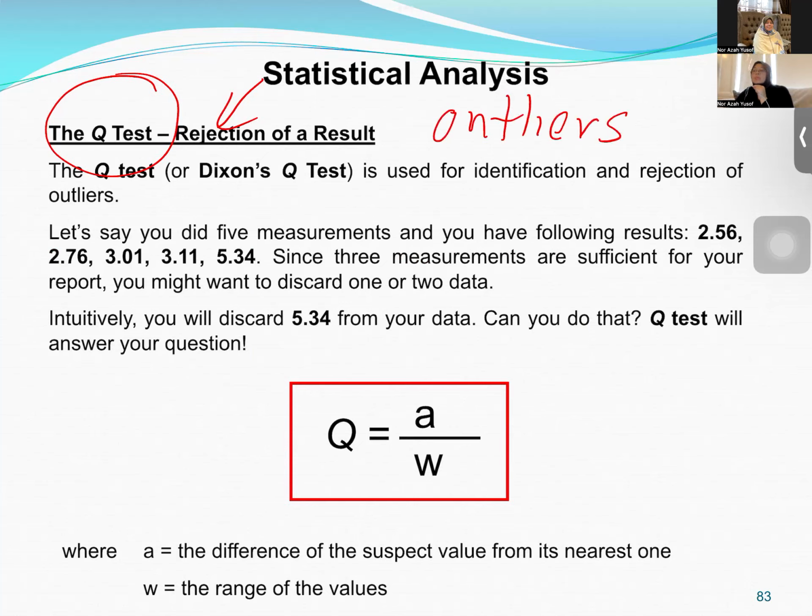So that data outliers. I hope that you can see my writing. Outliers. So how do we evaluate outliers? Why is it important that we need to consider? Even if we look at the results, we know one or two data is a bit different from the others. But why do we need to consider that before we throw it out or before we keep it?